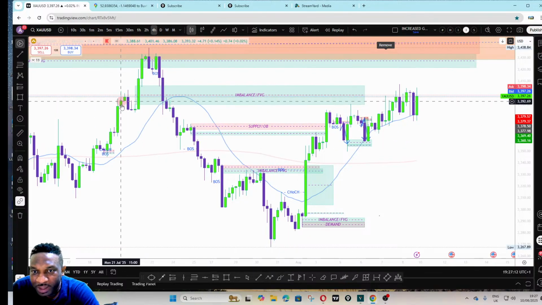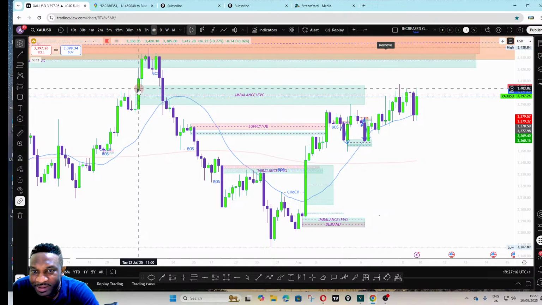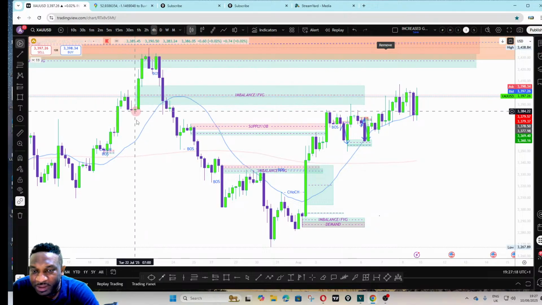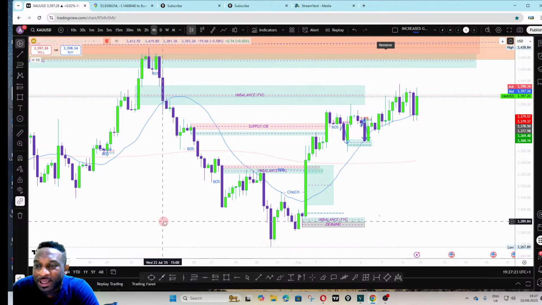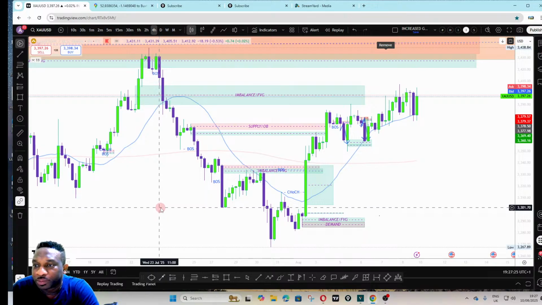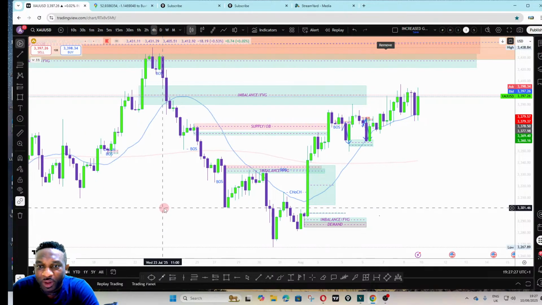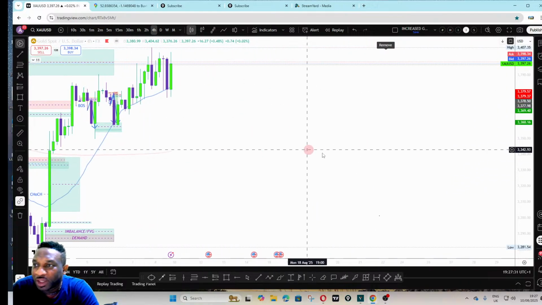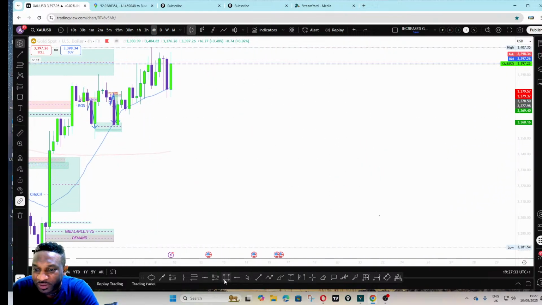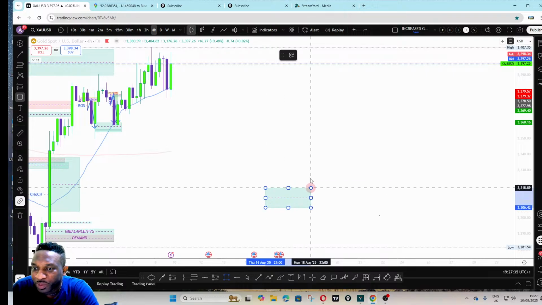So as we can see, there's this imbalance on the right. If I talk of imbalance, it's just a 3 candle pattern or 3 candle formation. Let me quickly go through that if there are some new people here.